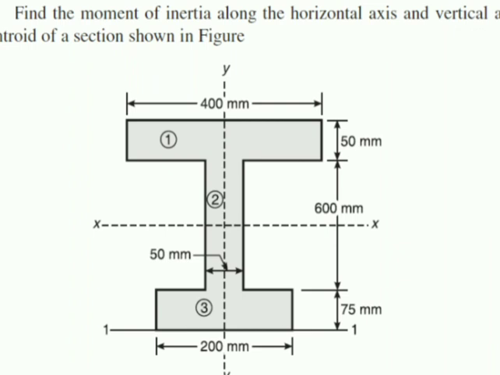Next will be y. Now what is y? It is the centroidal distance of each individual element with respect to the reference axis. Which is your reference axis? 1-1, which is given at the bottom. Be clear about it. Directly you cannot find Ix in this case because it is at the center of the figure.